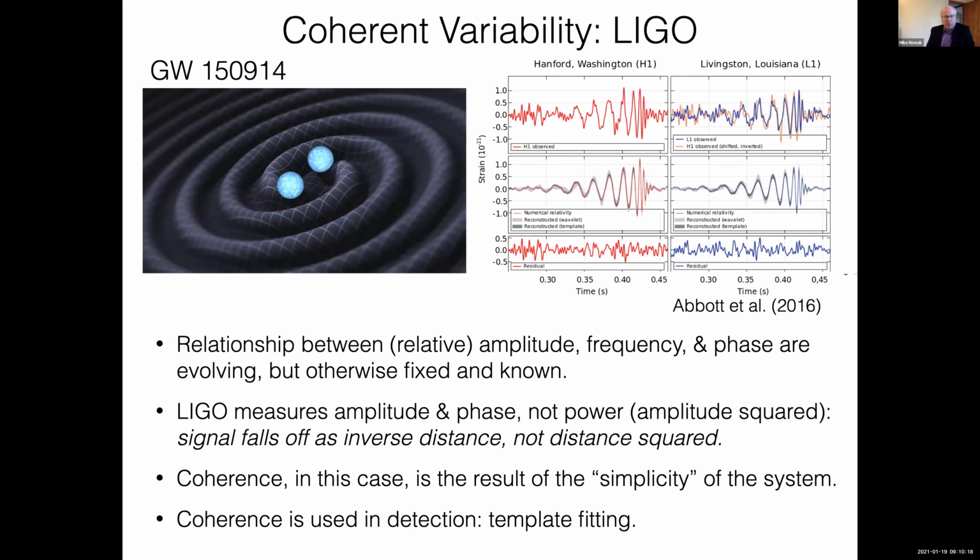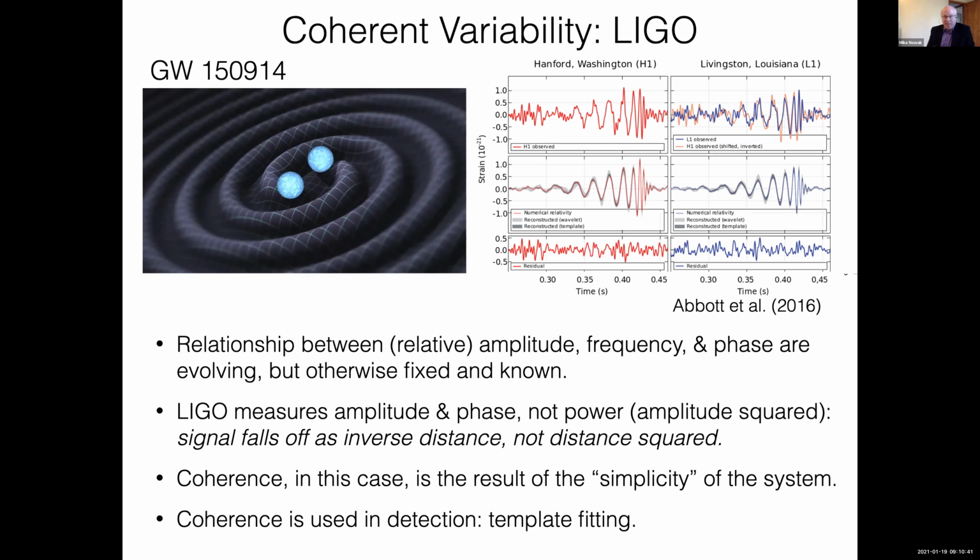It falls off only as one over distance, because power is amplitude squared. If you can measure the amplitude, you're falling off as distance and not distance squared. So again, the fact that we can have a coherent signal here is because the system is really quite simple overall.